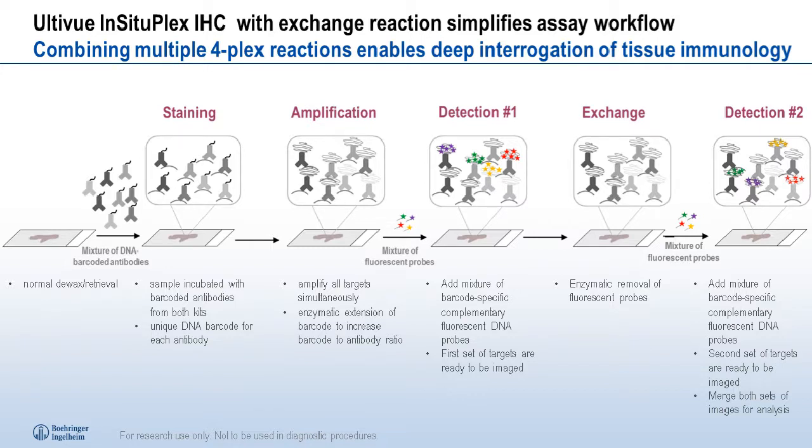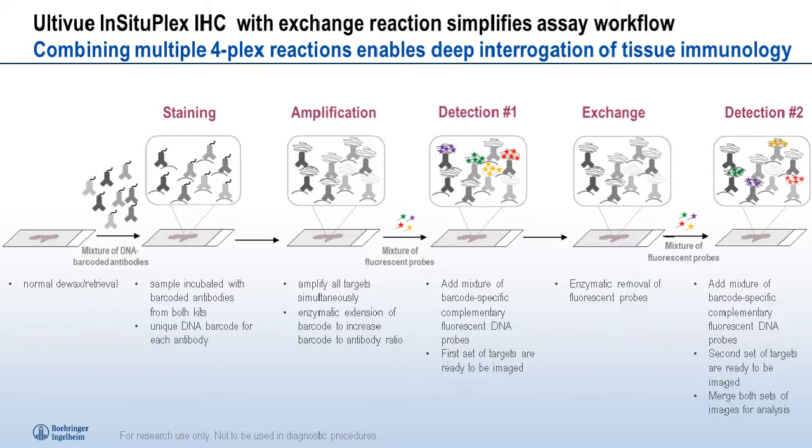And then, because we're using a standard fluorescence microscopy setup, we can't visualize them all simultaneously, so we visualize them 4 at a time. Here we take the first set of probes that recognize, say, the PD-1 kit, we image them, and then we pop off the coverslip and use a gentle enzymatic process. It takes about 25 minutes to remove the first set of fluors, and then we rinse that off and add our second set of barcode-specific fluors for the second kit, say the PD-L1 kit.